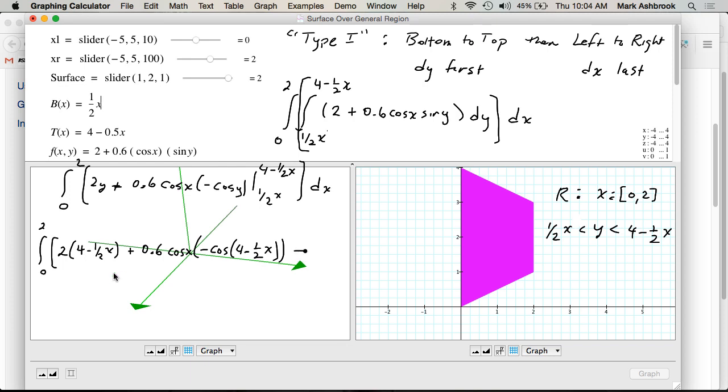That's the first part. Minus 2 times 1 half x plus 0.6 cosine x negative cosine of 1 half x dx.